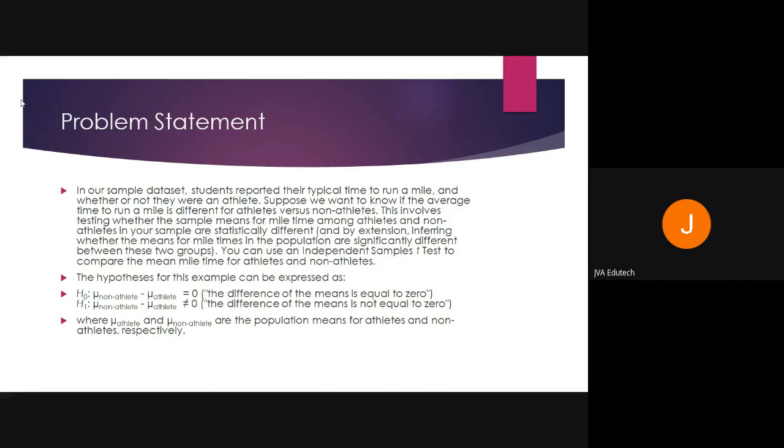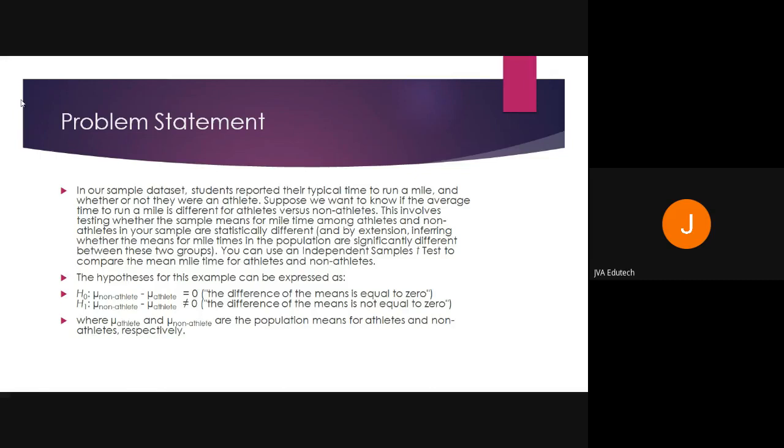So this could be tested through an independent t-test, because now we have two groups of students. One group is of athletes, another group is of non-athletes. They were asked to run 1 mile distance, and we calculated the average time taken. Now we want to see whether the time taken to run 1 mile distance remains the same in both the groups or it is different.